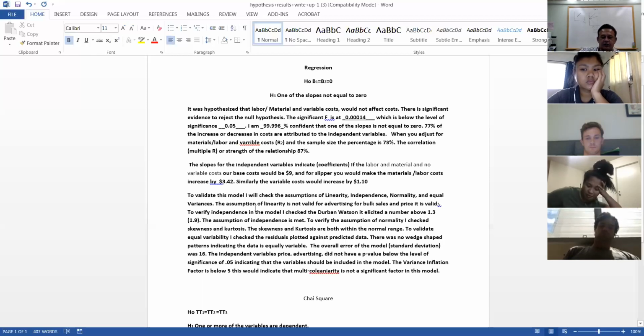To validate the model, we check the assumptions: linearity, independence, normality, equal variances. And so when we go back to our model and we look at the residuals, there was no pattern in either one of them. Right? So we're okay with that.